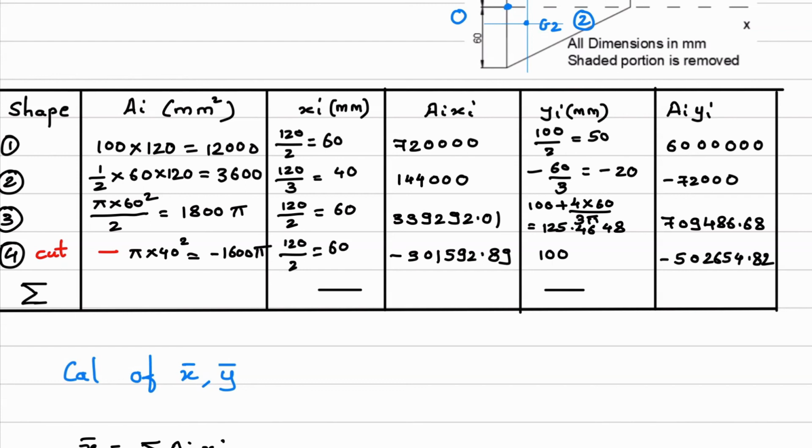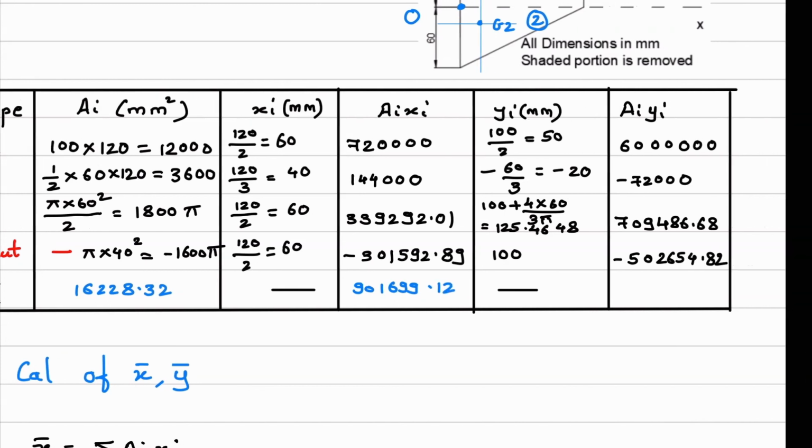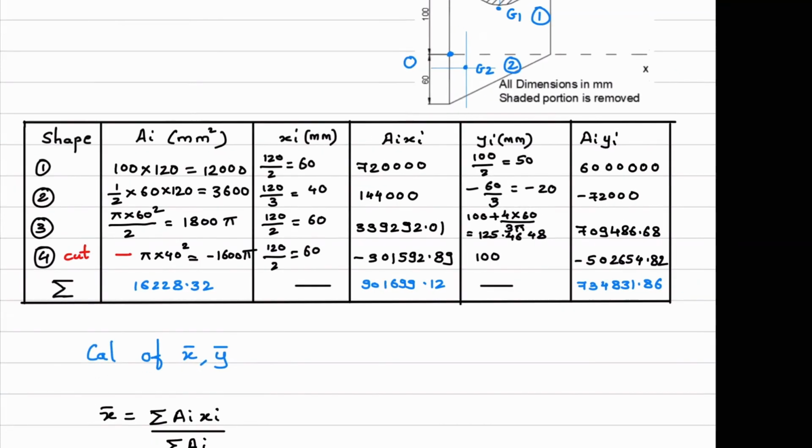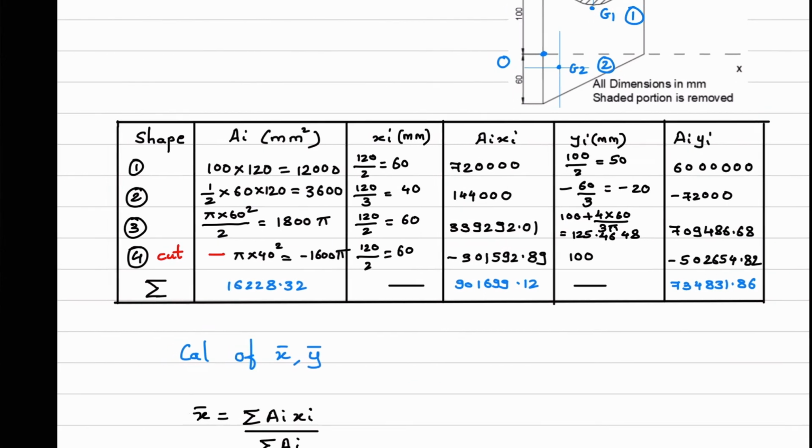So summation of AI is 16228.32. Summation AI into XI is 901,699.12. Summation of AI into YI is 734,831.86. Now just you have to substitute these values in the equation which is written below.